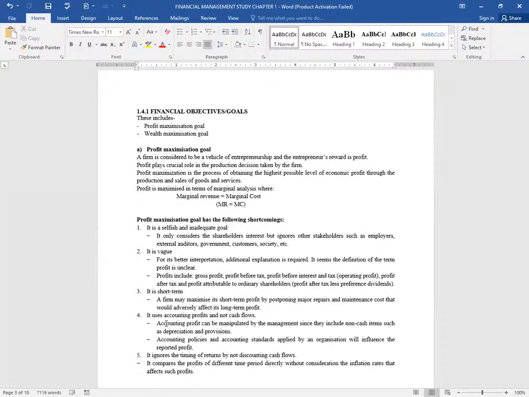Activities like training, because I know if I train my workers today, I will not realize the training benefit immediately. So because I want to maximize my current year's profit, what I would do is remove the training cost from our income statement. So this is a model that encourages short-termism, which is the opposite of wealth maximization.